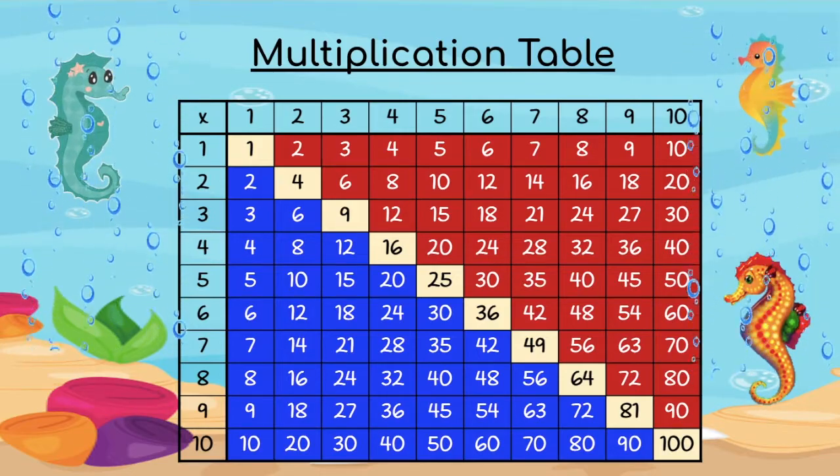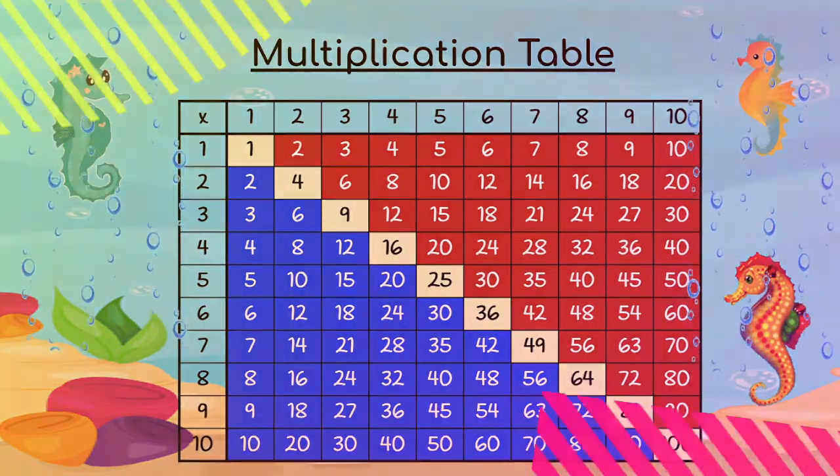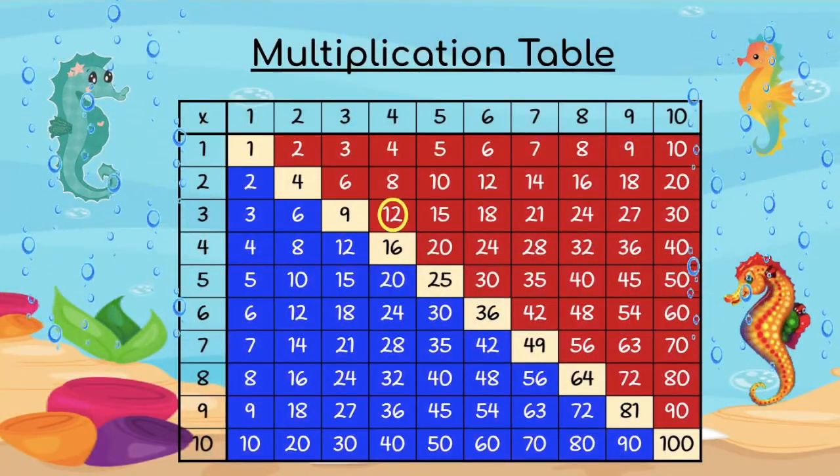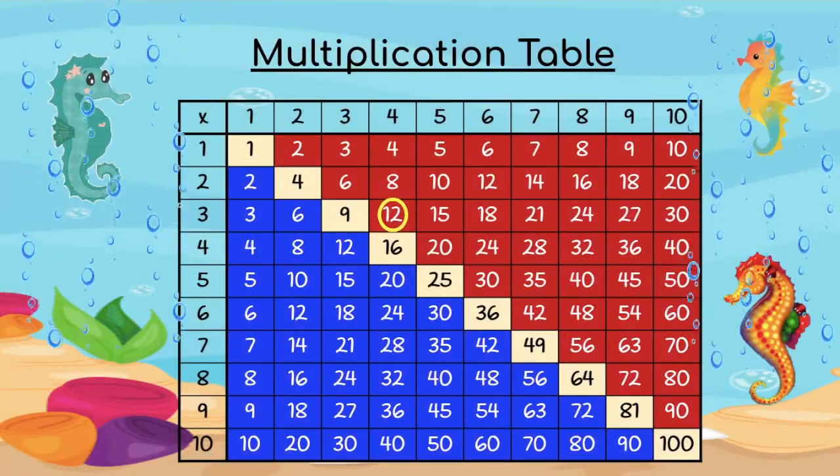For you to visualize it, let's have an example. Let's have 3 times 4. Let's find the answer in the blue boxes. That would give us 12. Once we find 12 in the red boxes, the factors that it would give us are just the same, 4 and 3. Wow!